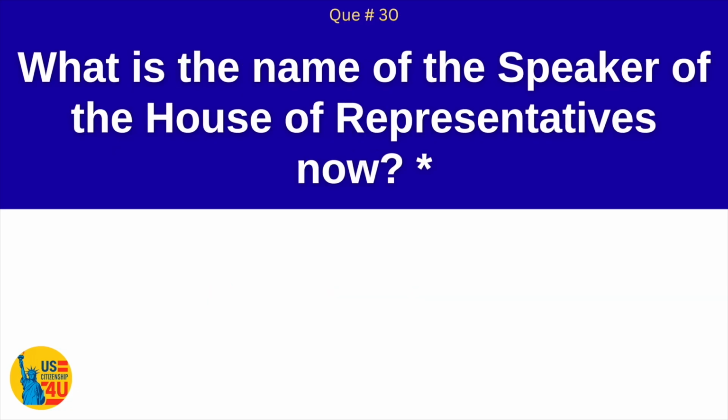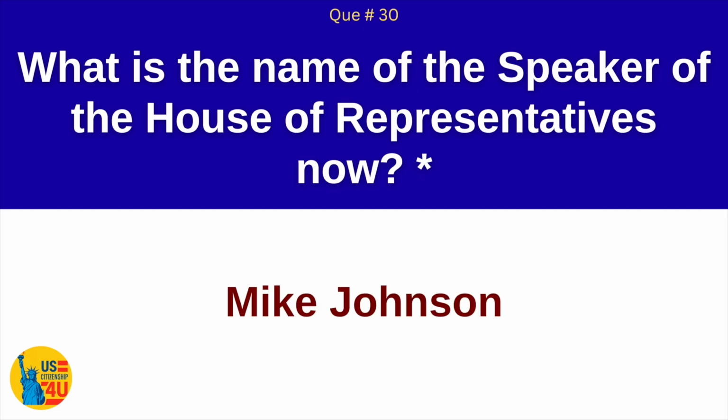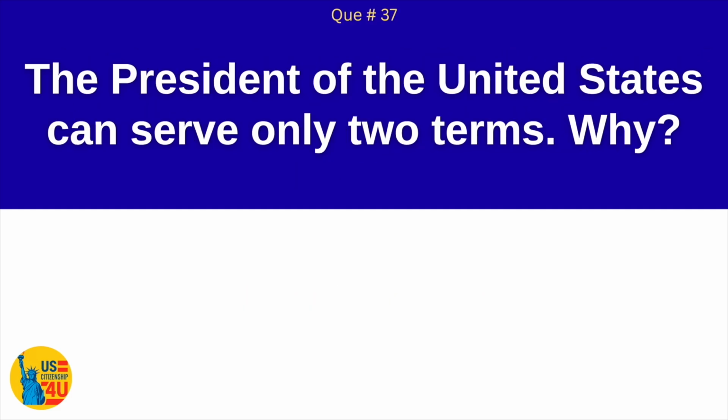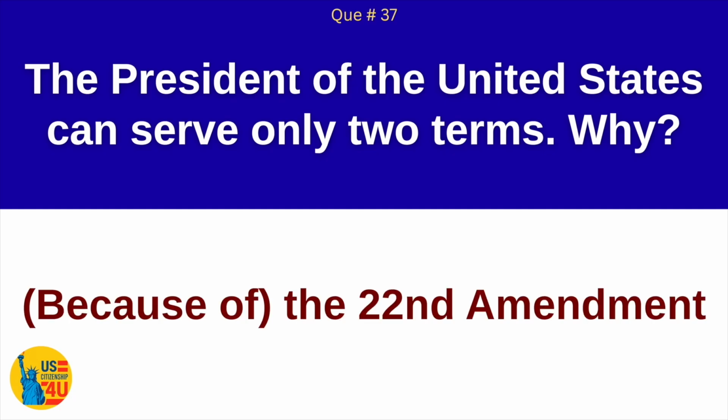What is the name of the Speaker of the House of Representatives now? Mike Johnson. The President of the United States can serve only 2 terms. Why? Because of the 22nd Amendment.